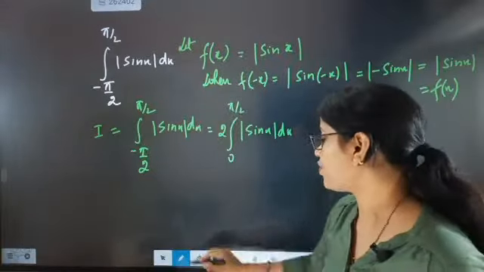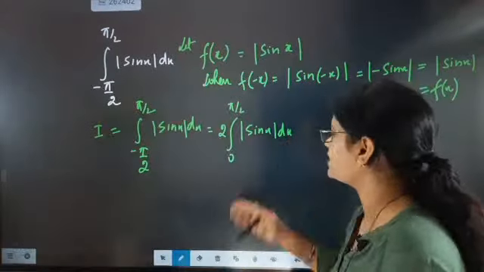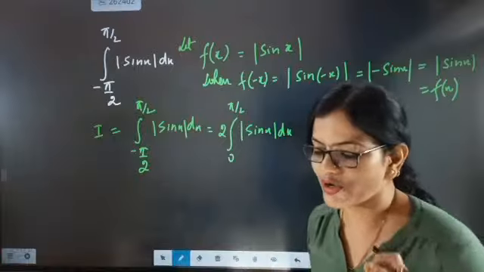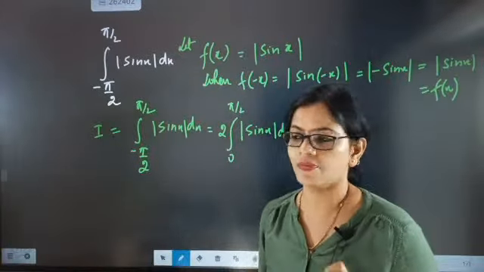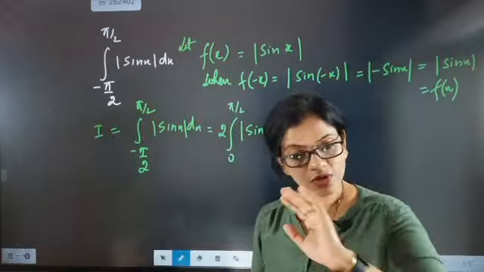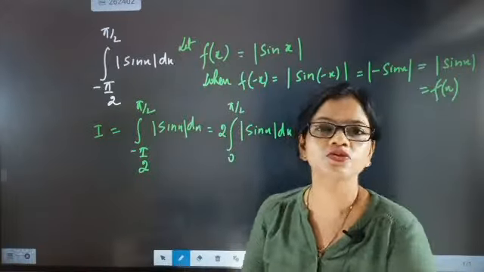Now the next important point: after using that property, the most important work is to remove the modulus, because modulus creates a problem, and without taking it out you will not be able to solve the question.